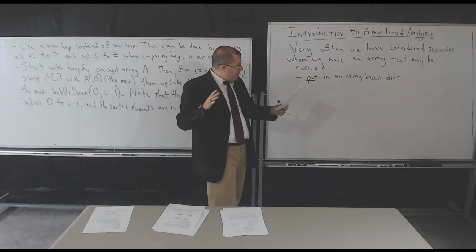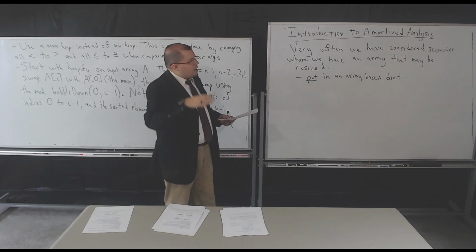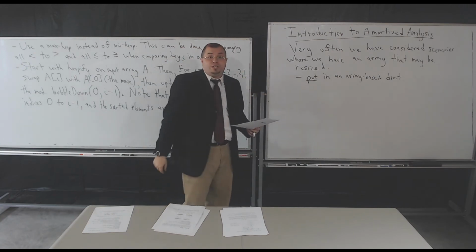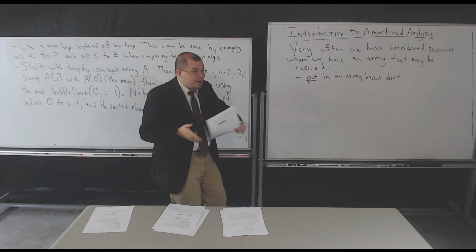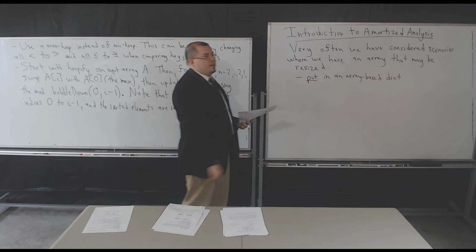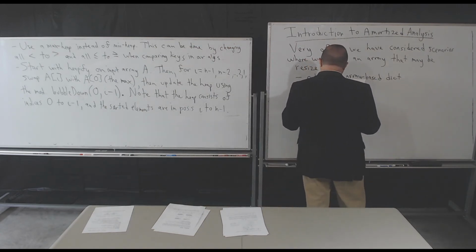I'll explain why. Then I copy each one of those elements, and then I perform the insertion. So I would insert normally, but if I run out of space, I create another array, I copy all the elements into it, and then I insert the element that couldn't fit. Okay? So that's something I would do.